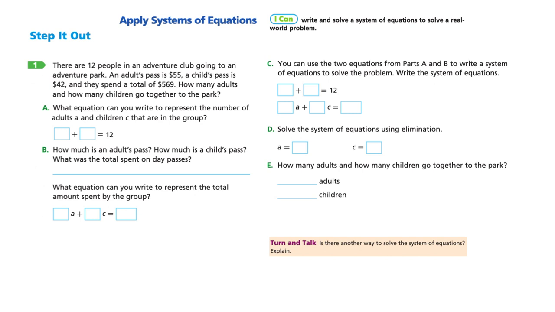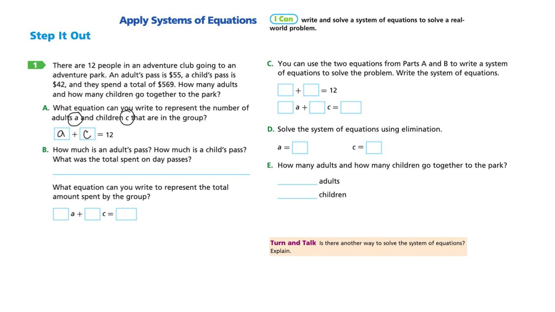They actually give you the variables to use, adults A and children C. And so you just are going to say A plus C equals 12. That's the total number of people. How much is an adult's pass?